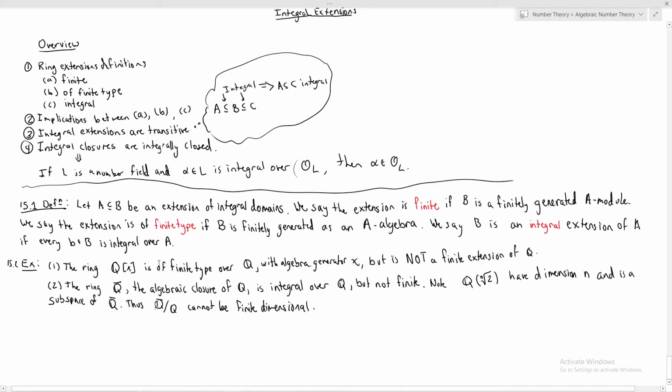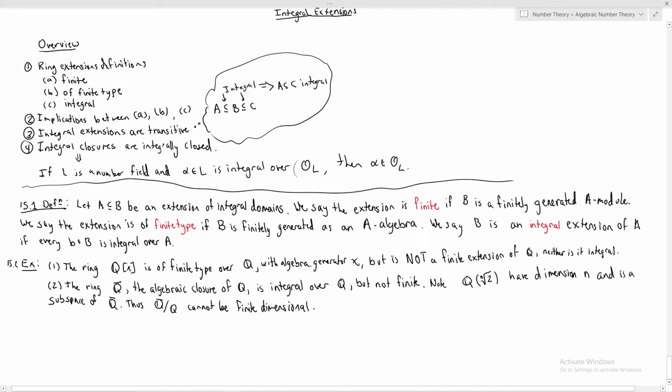This one is also an example: Q adjoin X is not an integral extension of Q. Neither is it integral, because X is not the root of any polynomial over Q. I'd have to think about this a little bit more.